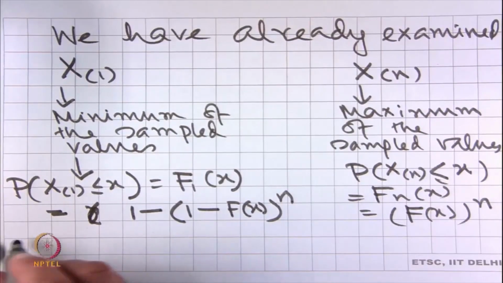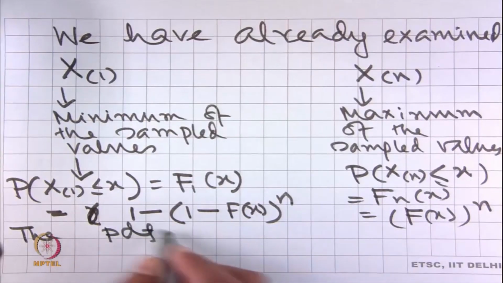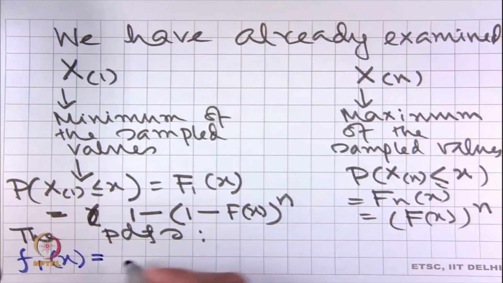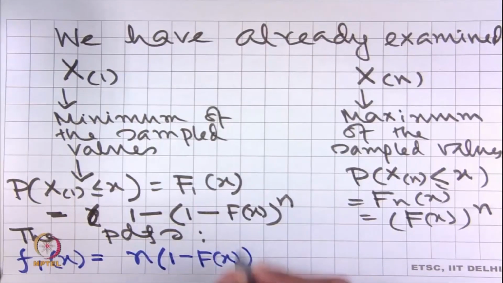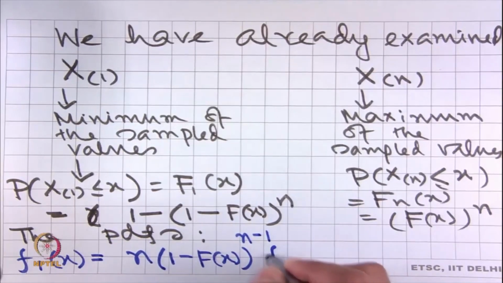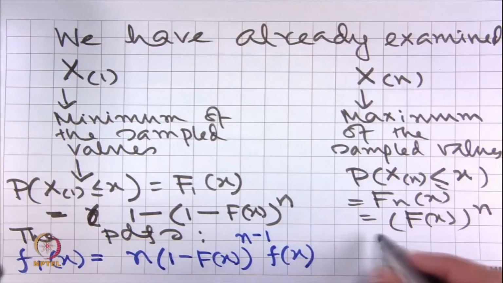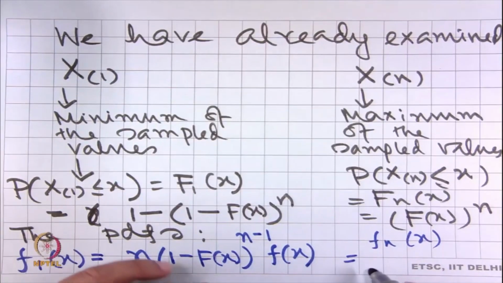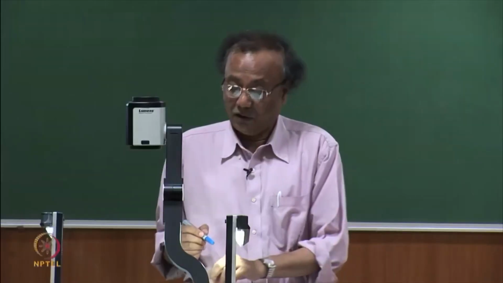And from there we found the PDFs: f1(x) is equal to n into (1 minus F(x)) whole to the power n minus 1 into small f(x), and fn(x) is equal to n into F(x) to the power n minus 1 into f(x). This we have already seen.